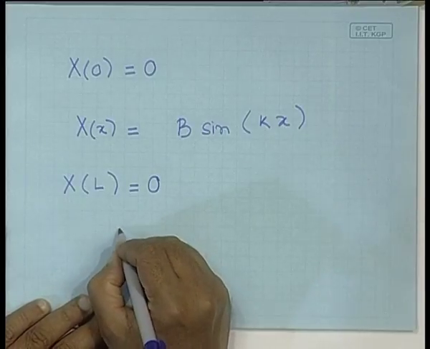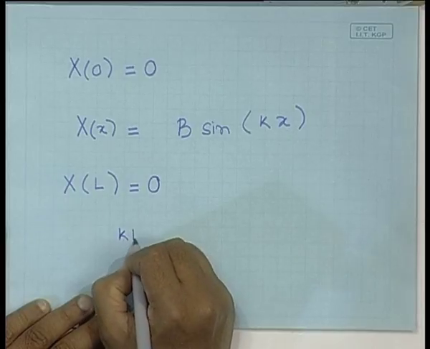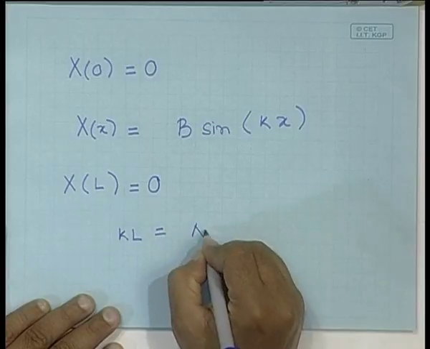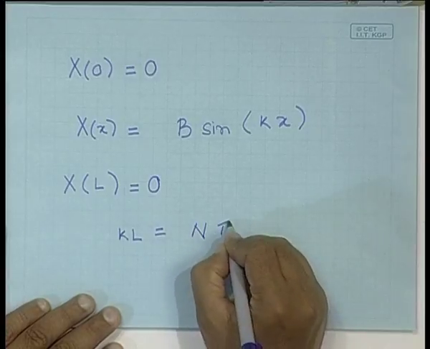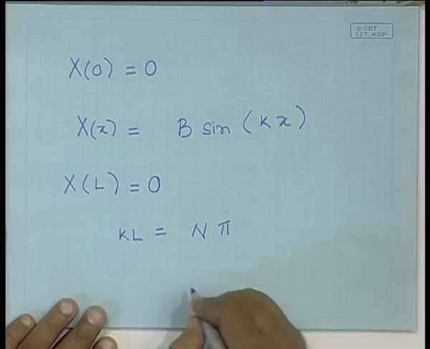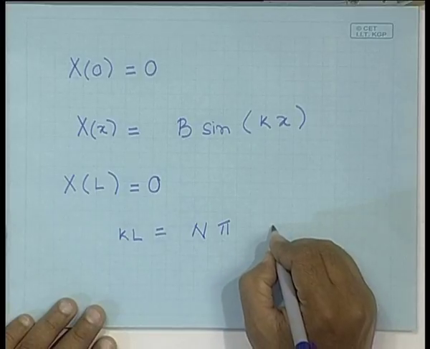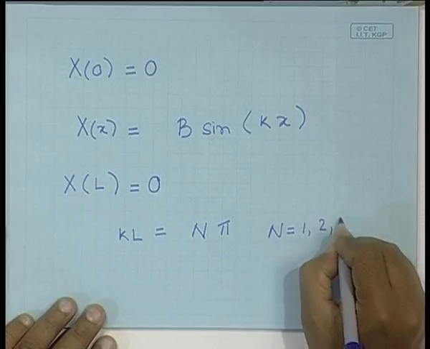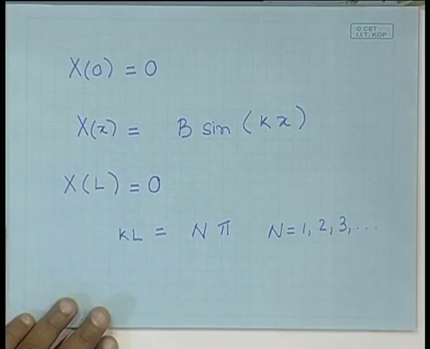So, the boundary condition tells us that k times L should be n times pi, where n could be any integer: 1, 2, 3, etc.